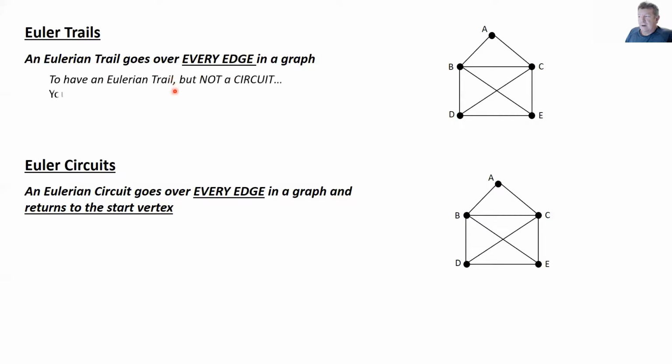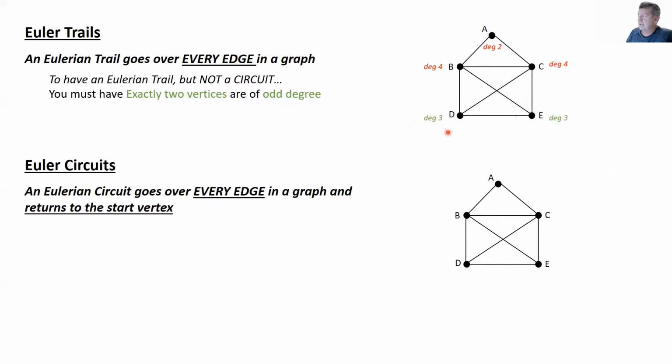To have an Euler trail, but not a circuit, we have to fit this criteria. Exactly 2 vertices are of odd degree. That looks familiar, doesn't it? So we need to check if there's an Euler trail up here. Let's see, degree 2, degree 4, 1, 2, 3, 4, that's 4, 1, 2, 3 there, and 1, 2, 3 there.